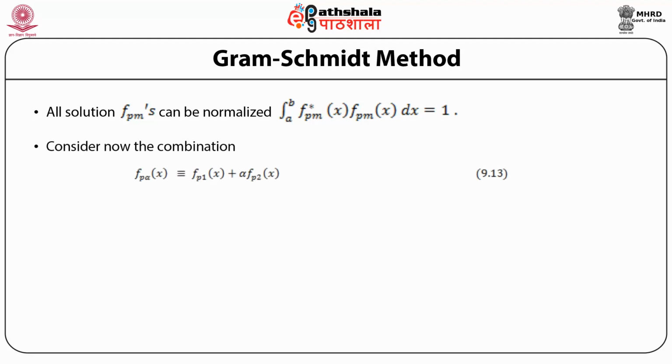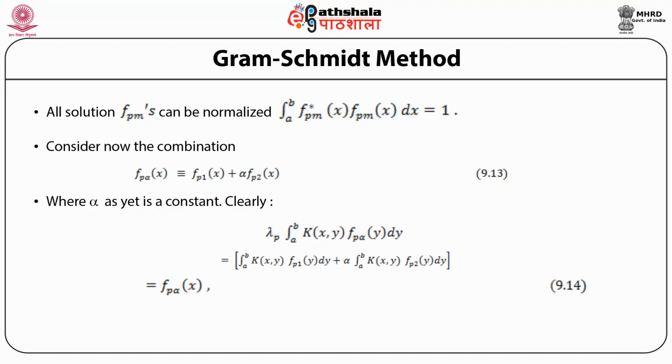Now consider the combination f_p alpha of x is equal to f_p1 of x plus alpha times f_p2 of x. Since alpha is as yet a constant, clearly lambda p integral from a to b of k(x,y) f_p alpha dy can be written, by substituting for f_p alpha in terms of f_p1 and f_p2, as a sum of two integrals from a to b over dy.